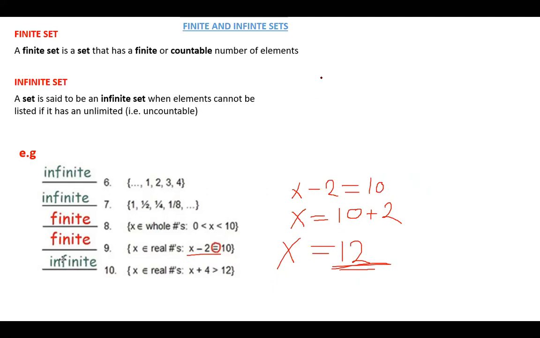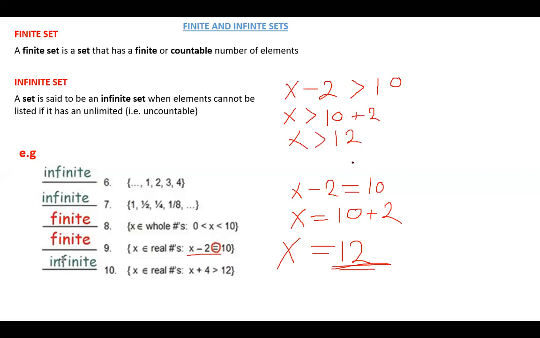But if the question was like this, x minus 2, maybe there's a greater than symbol here, and then there's a 10 this side. If I find the value of x here, it's going to be x plus 2, which will be equal to x greater than 12.